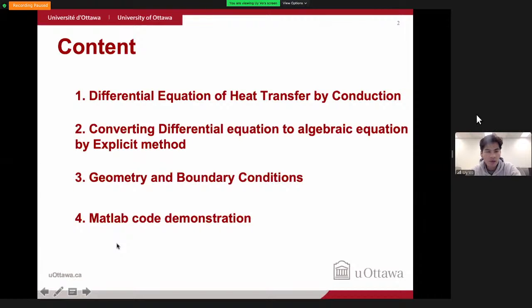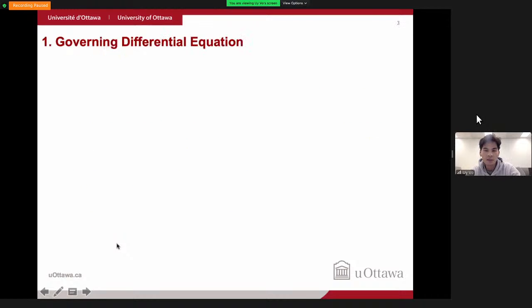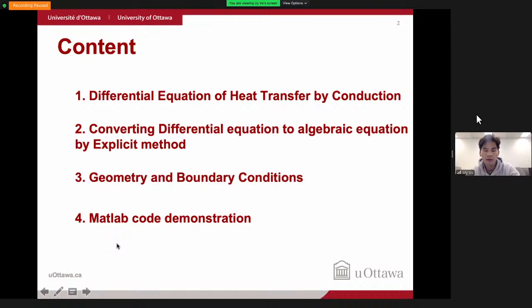So for the content, I will go very short on the content, and the remainder time will be for the MATLAB. So firstly, I will introduce the differential equation of heat transfer, which is one of the very common equations in a coupled thermal hydraulic mechanical problem.